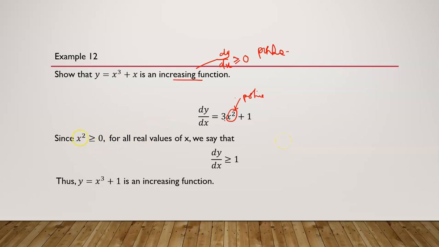So since x squared is always greater than 0, we can say that dy over dx is always greater than 0, which we consider always positive. Therefore we can say that x cubed plus x is an increasing function.